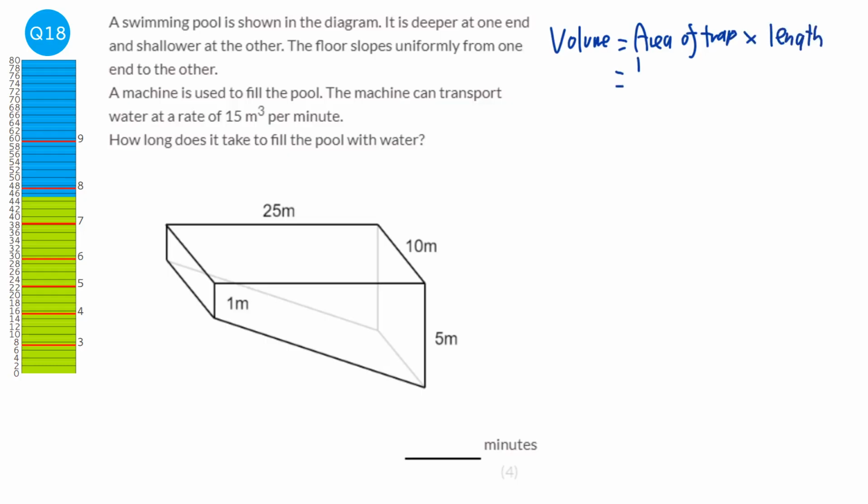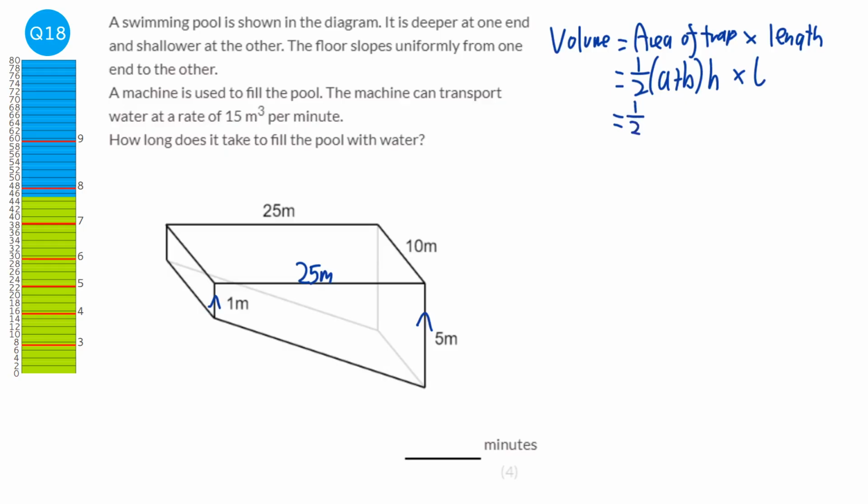So trapezium is half a plus b h, and then times the length. Now A and B are the two parallel sides, which will be this one and this one. And then the H is the perpendicular line that hits both of them at 90 degrees, which is what perpendicular means, between the bases. So this will be the 25 meters here.